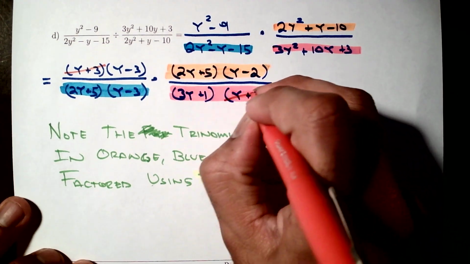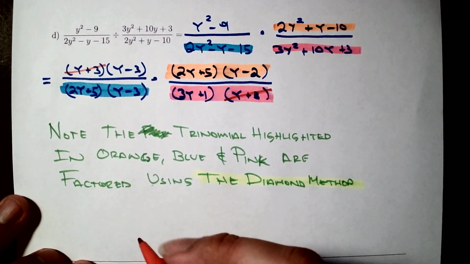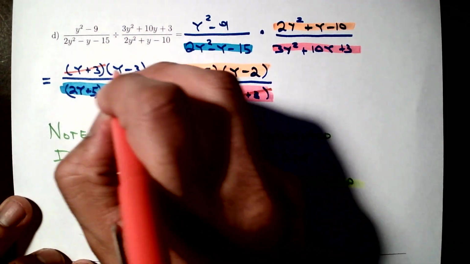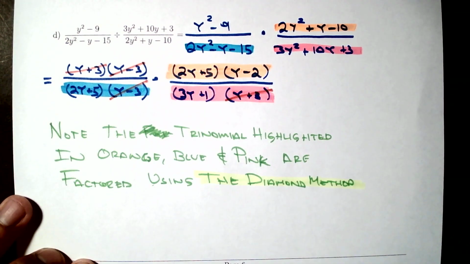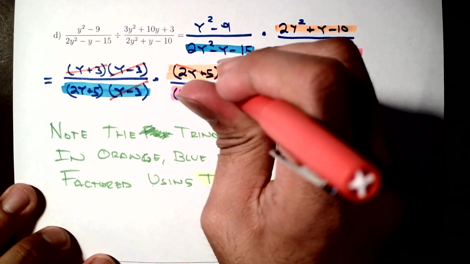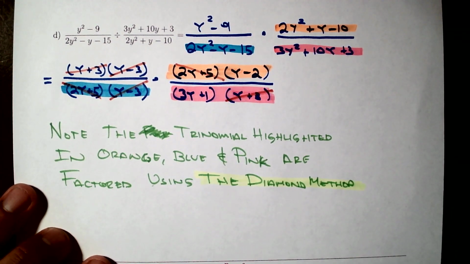That is going to go away. Then we have a y minus 3 canceling out this y minus 3. Then we have 2y plus 5, 2y plus 5, and that's about it.